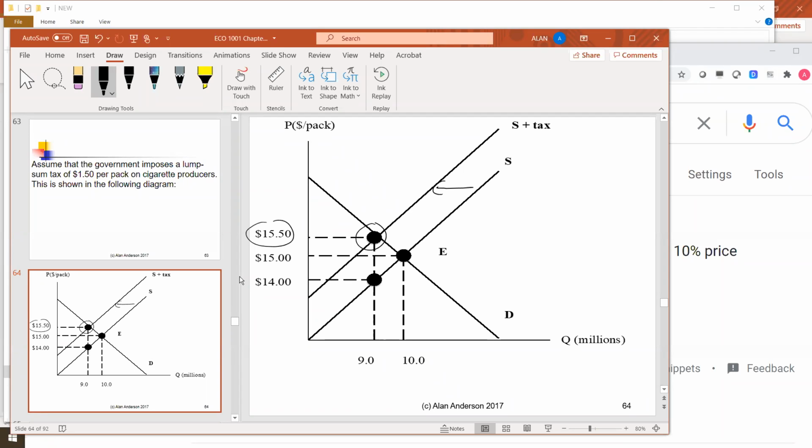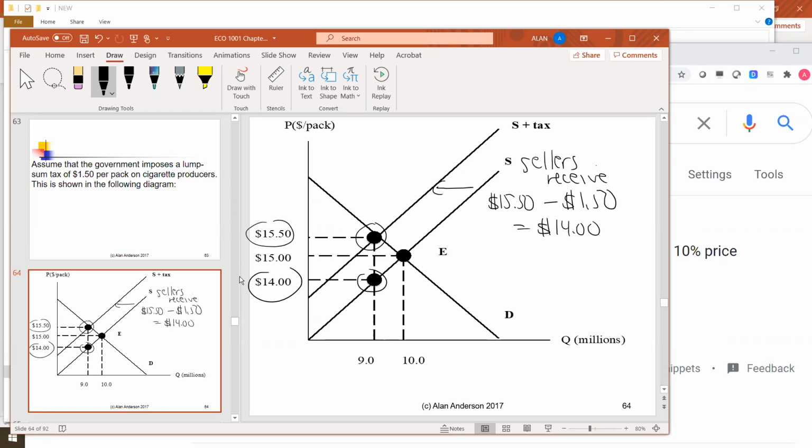And by the way, if you notice here, this vertical distance between these two can tell us that while the sellers are collecting $15.50 a pack, look what they have to do. They have to pay the $1.50 tax. So their net revenue from each sale is now only $14. So consumers will pay $15.50.